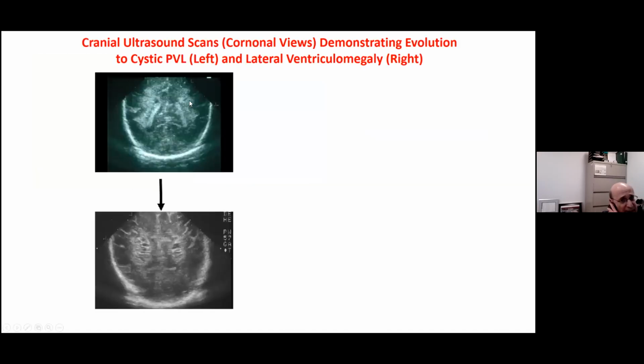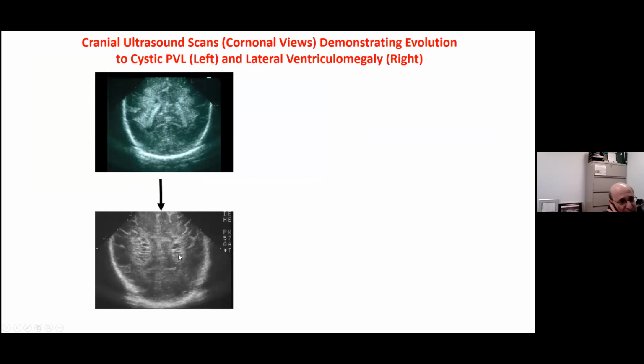On ultrasound, if you know it's around the time of birth, you'll see increased signal in the white matter, and compared to the choroid plexus, it's pretty intense. If you look more posteriorly, you can see the formation of cysts.